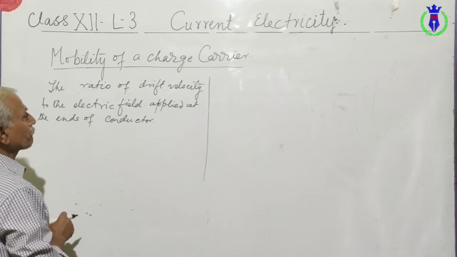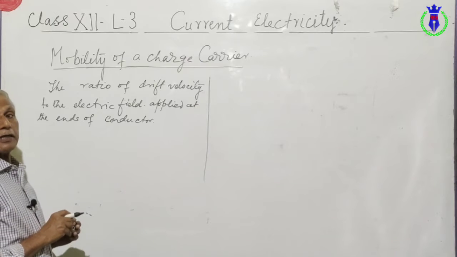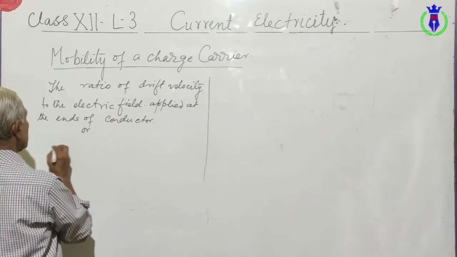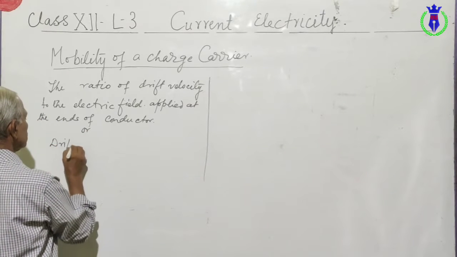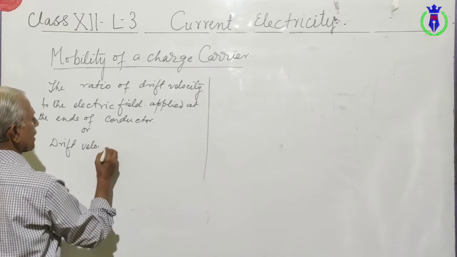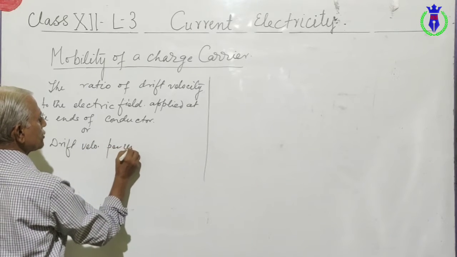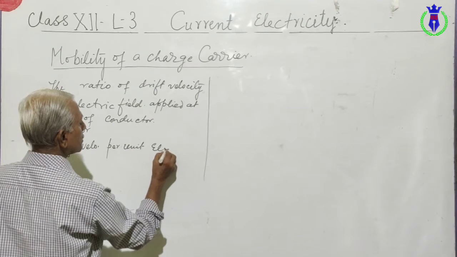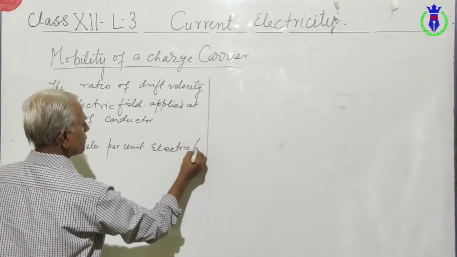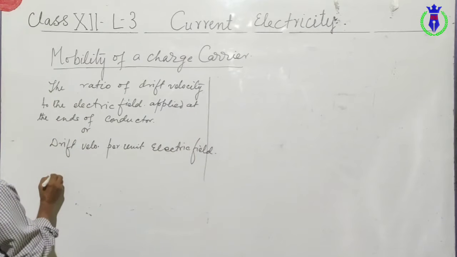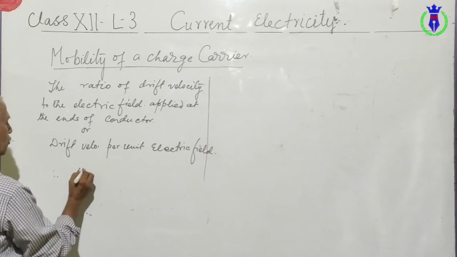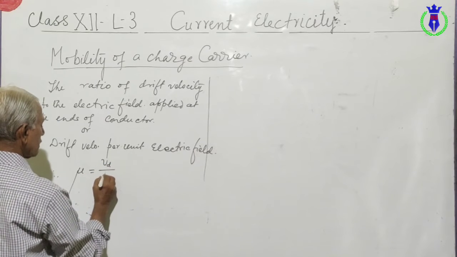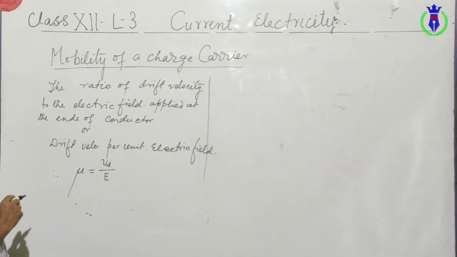We can also say it is drift velocity per unit electric field. Therefore, mobility mu is defined as Vd upon E.